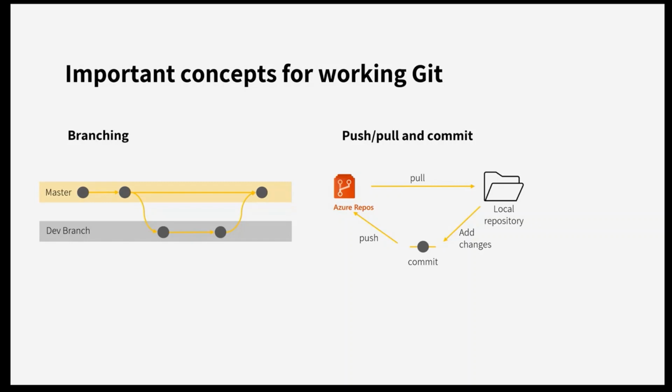When you pull something, you pull it from the remote repository into your local repository. When you push something, you push it to the remote repository, and commits are basically just little saves, you could call them. So every time that you make a change, you make a commit, so that you can then go back to either revert that change or relook at it, take parts of it.